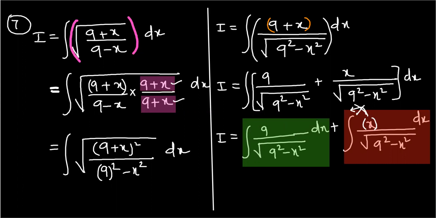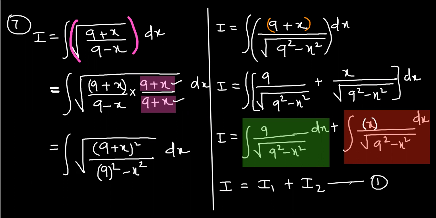You can't take a variable outside the integral. Okay, so here I notice that this is going to get integrated in more than a step. So what I do is I will write this as I equals to I1 plus I2. Okay, when I realize that there are more than one integrals which are going to get integrated in different stages, I will write them as I1 and I2. This is my equation number 1.